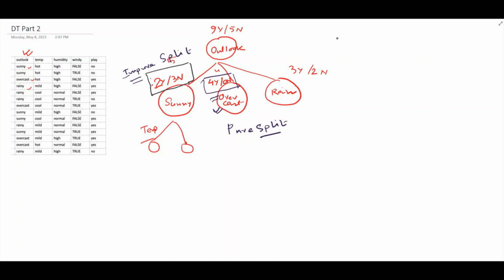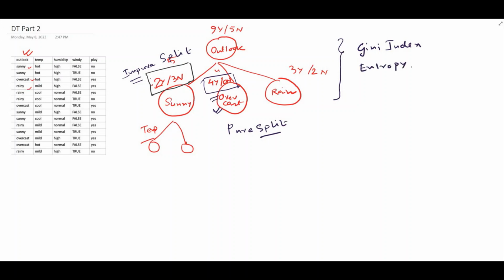How will we calculate the impure split or pure split? We have basically two things: one is called Gini index, and another is called entropy.